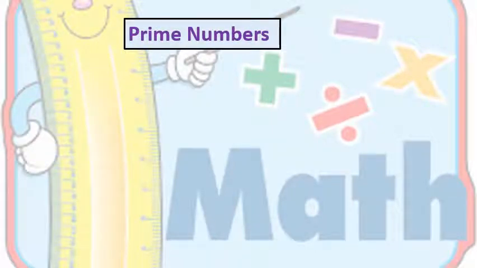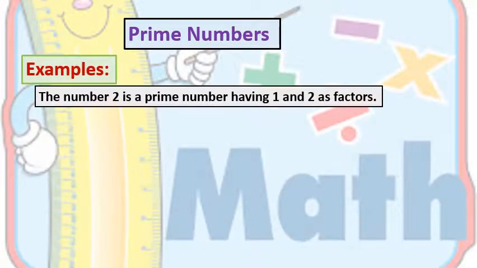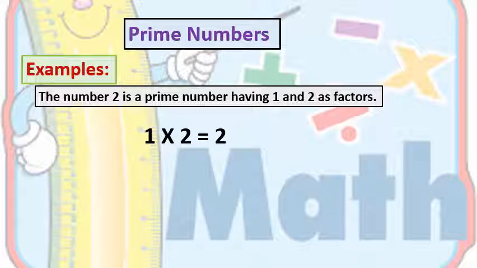Examples of prime numbers. The number 2 is a prime number having 1 and 2 as factors. What do you mean by that? If I have 1 times 2 equals 2, so the factors of 2 are 1 and 2 only. That's why the number 2 is a prime number.